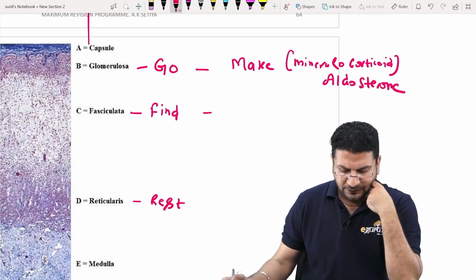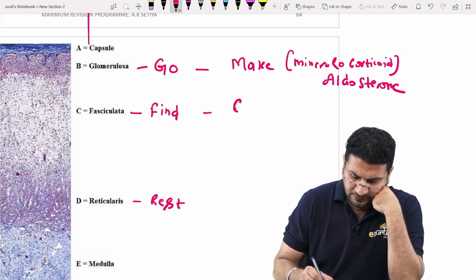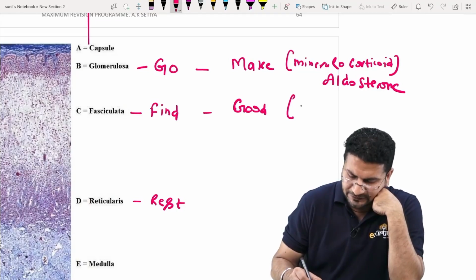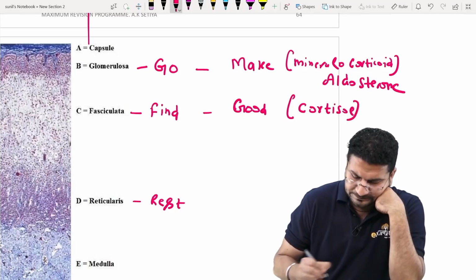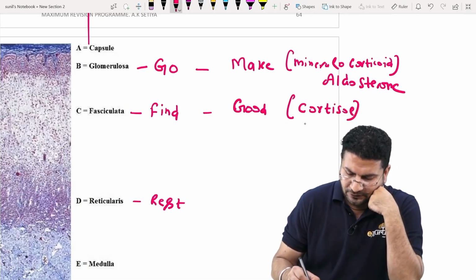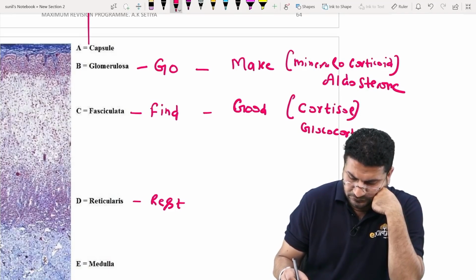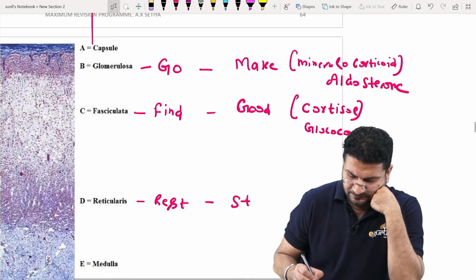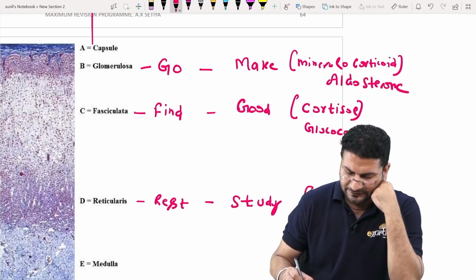Next, zona fasciculata. This will release your glucocorticoid. Glucocorticoid means this will release your cortisol. Then zona reticularis will be secreting sex steroid.